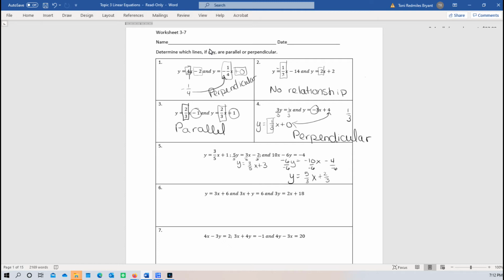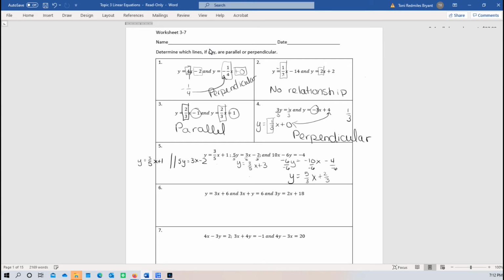All right, so first I had to rearrange those equations, which gives me all of these relationships here. We can see with the first two that there is a parallel relationship going on: same slope, different y-intercepts. So y equals 3/5 x plus 5 is parallel to 5y equals 3x minus 2.